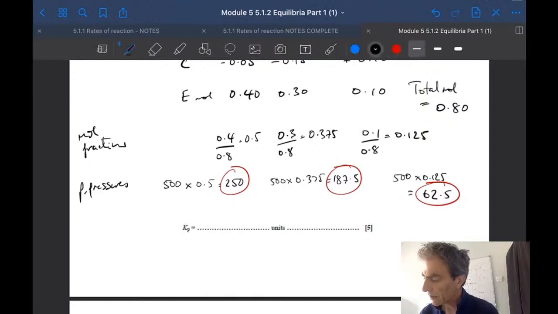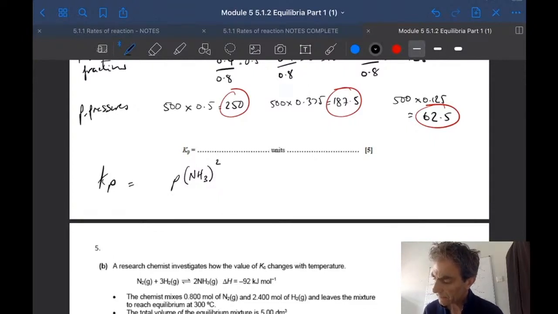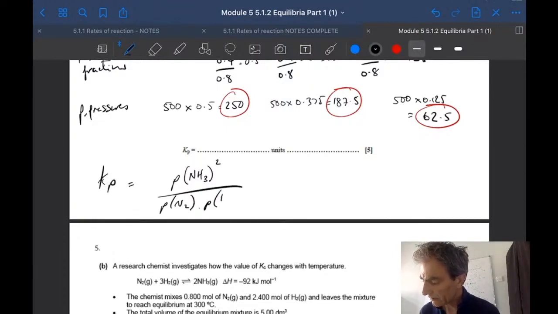So the final thing now is, because it's a KP question, we're going to write the KP. Sorry, I'm right at the bottom here. So that equals the partial pressure. Now remember, when I did this on YouTube, some students were saying my teacher says I don't use brackets. I do use brackets, but remember they've got to be curved. So the partial pressure of ammonia squared over the partial pressure of nitrogen multiplied by the partial pressure of hydrogen cubed.